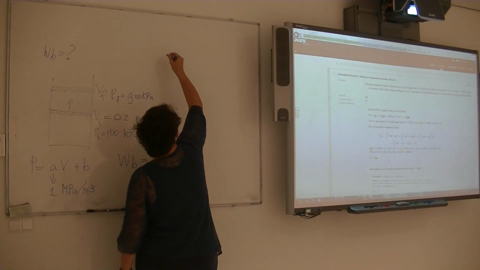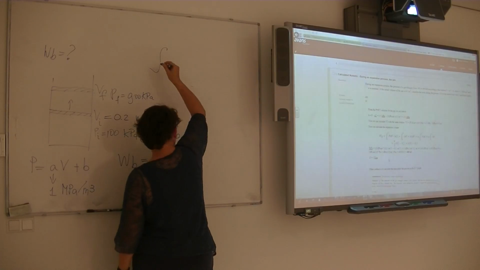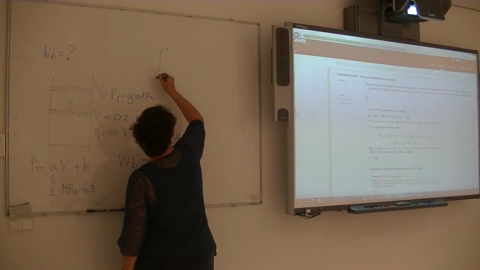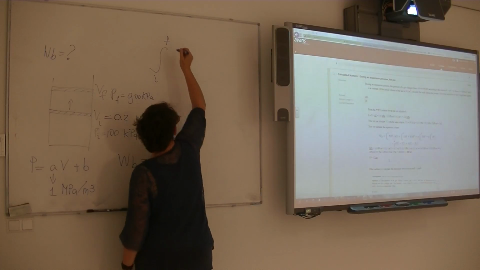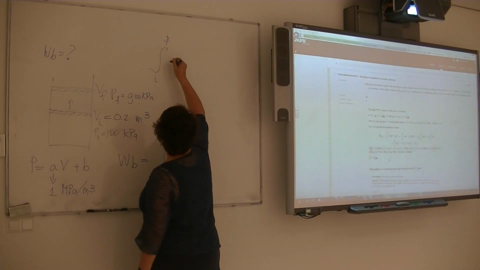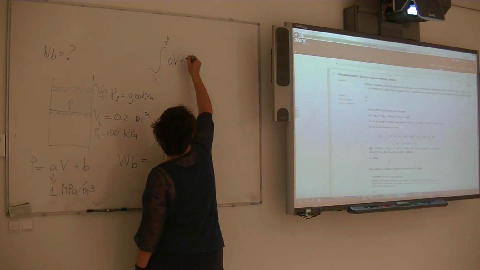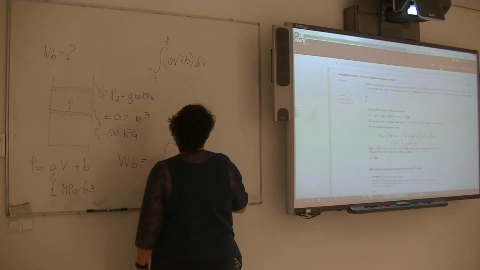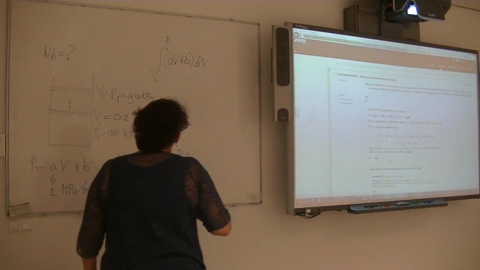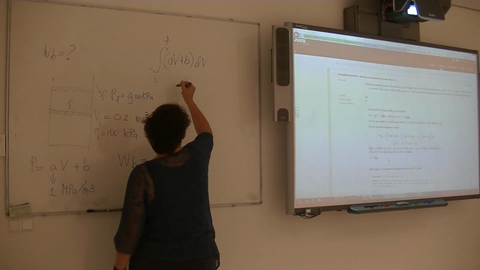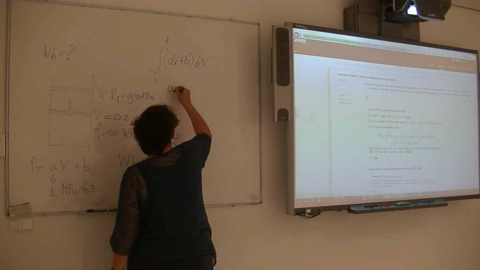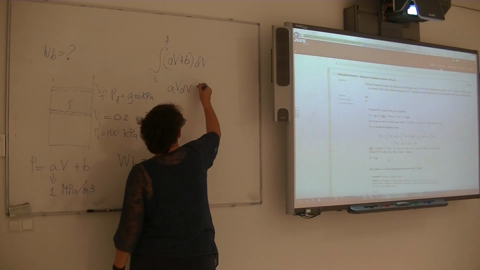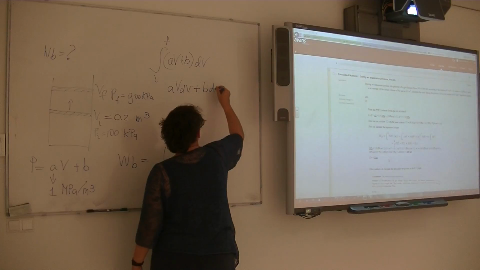So we need to take the integral from the initial state to the final state for A times V plus B dV. And we can switch this as A times V dV plus B dV.